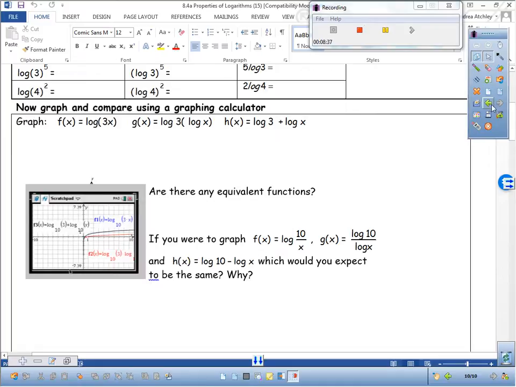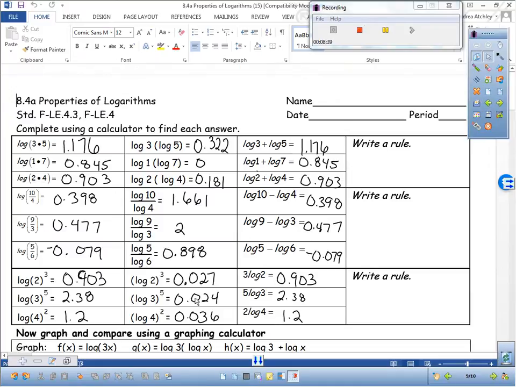Okay, let's go back. Sorry, this one's wrong, they're telling me. This should be 0.36. There's an extra 0 there that shouldn't be there. Any questions over that? Okay.